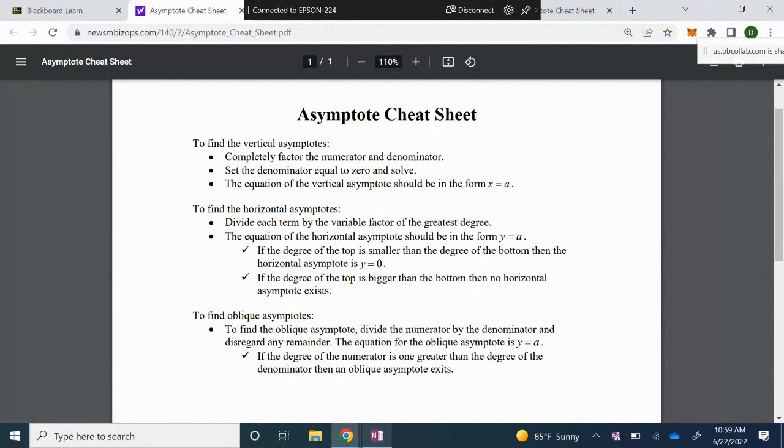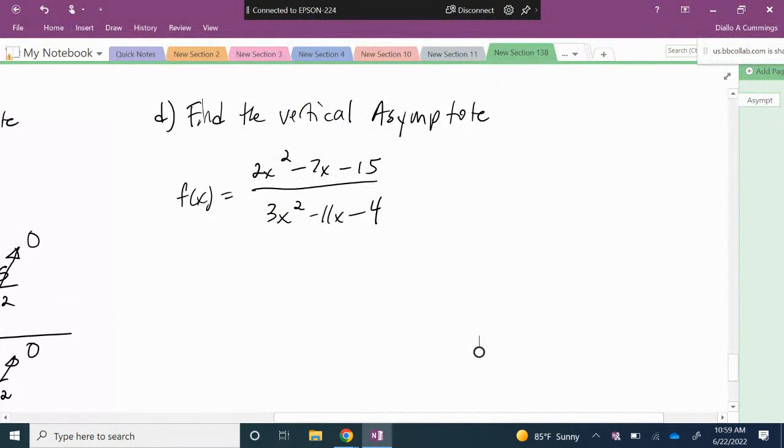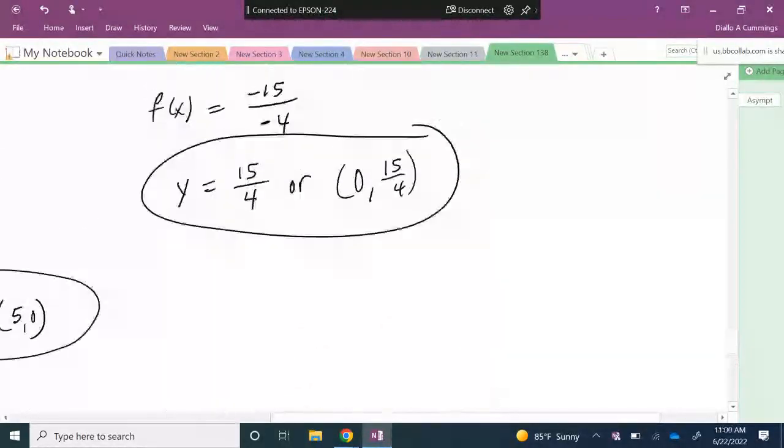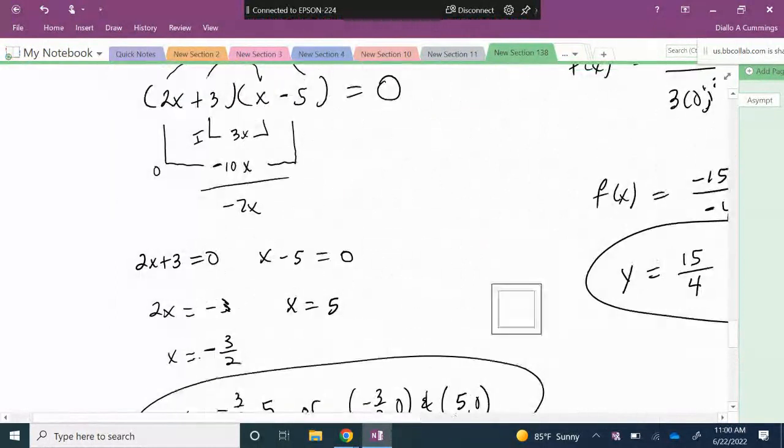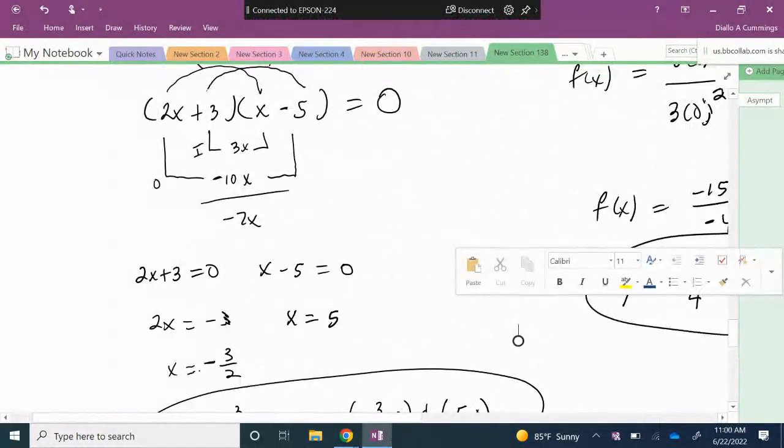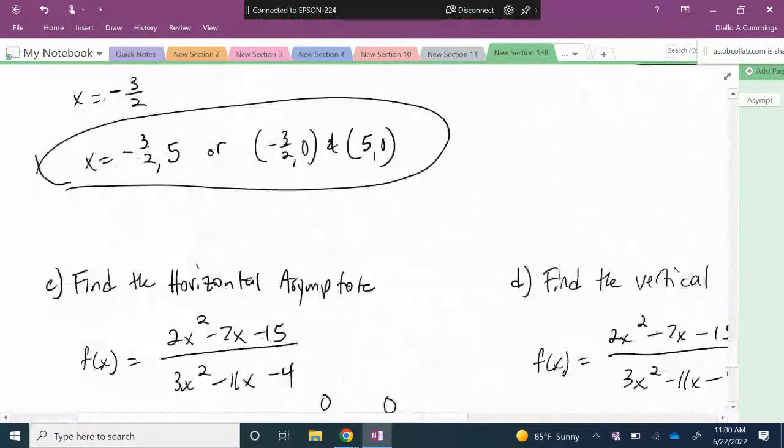Looking at the vertical asymptote, it says completely factor the numerator and the denominator. So let's do that first. We factored the numerator as 2x plus 3 times x minus 5.